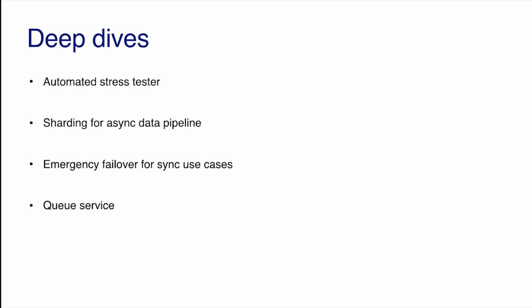For the asynchronous data pipeline, we re-architected the whole system so that we're able to scale up by sharding the clusters. And for those synchronous use cases, we implemented emergency failover mechanisms so that we're able to respond to failures and disasters in a much faster way. And finally, I'm going to talk briefly about our vision for the future of Kafka serving at Dropbox.